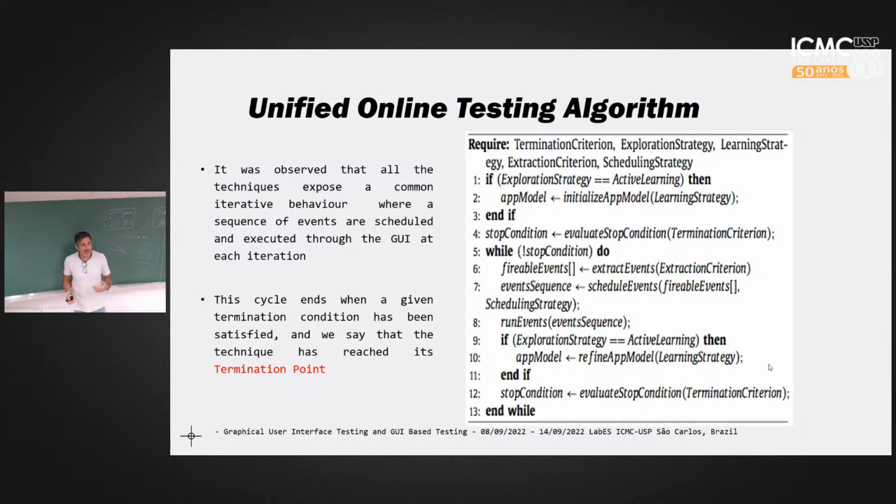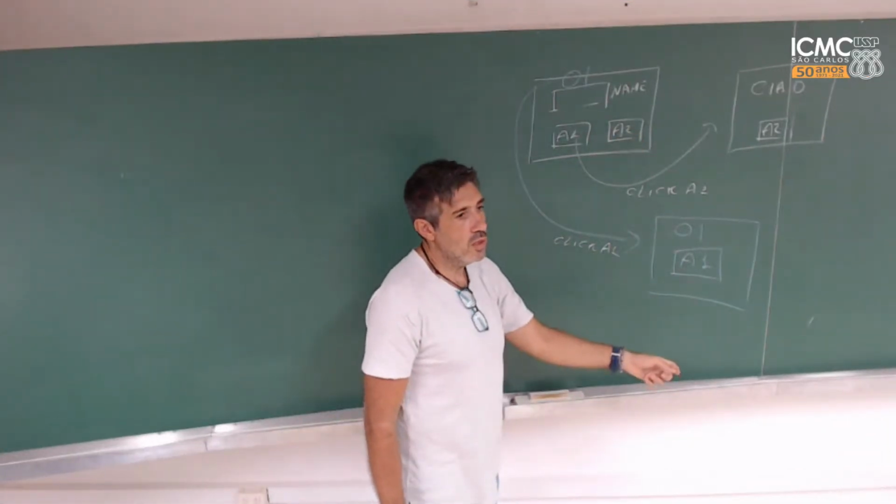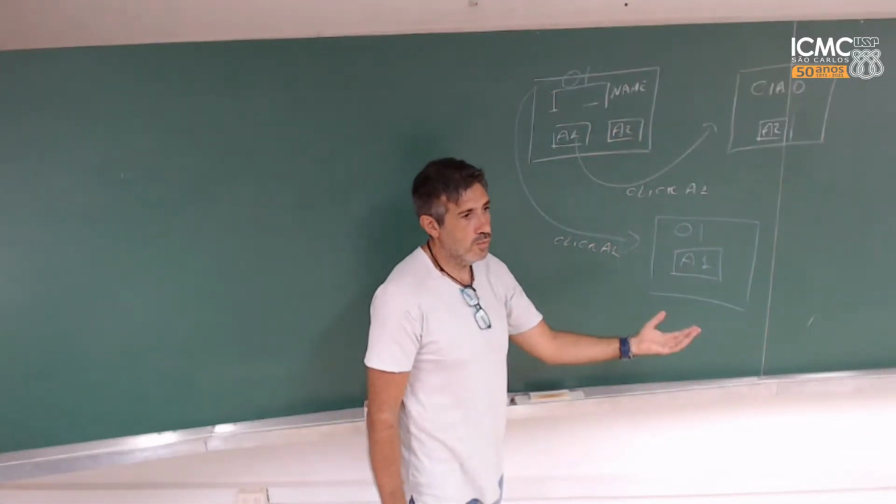As an example, I can decide to avoid the execution of events that we already triggered in the past. If I return to this GUI and I know that I already performed the click on A1, the next time I find the same GUI, I can decide to click on A2.